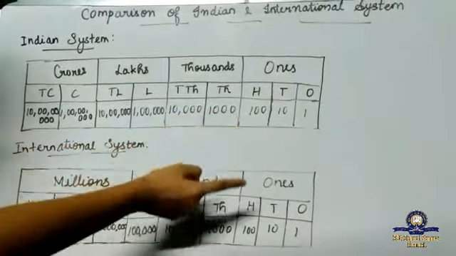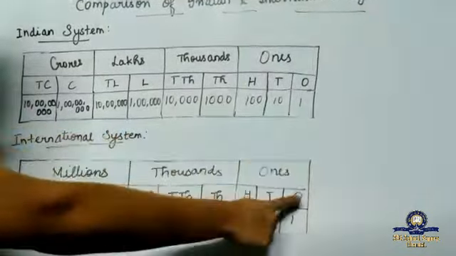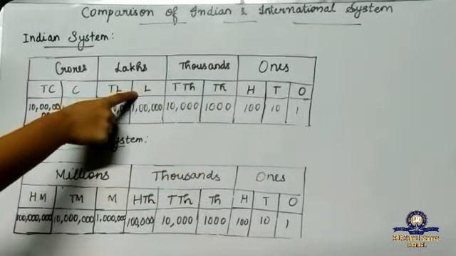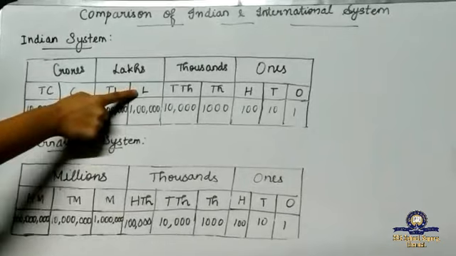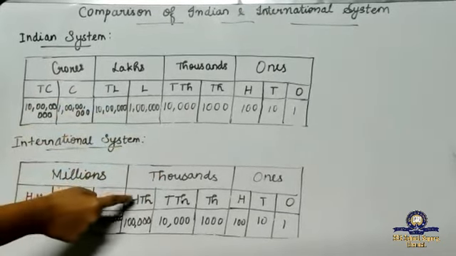The ones place in Indian and international system are similar. So ones, tens, hundreds, it's almost similar. And in thousands place, thousands and thousands are similar. 10,000s and 10,000s are similar. But in the lakhs place, lakhs and 100,000s will be equal.